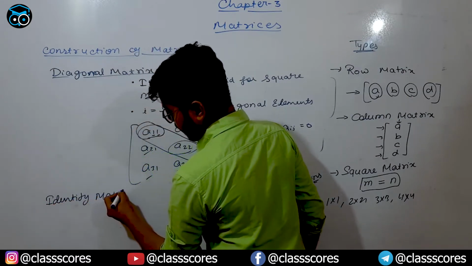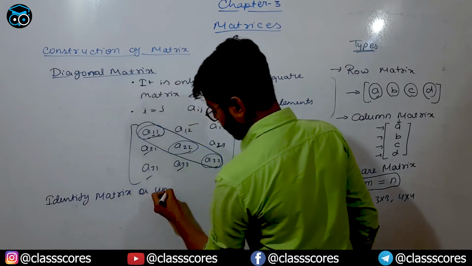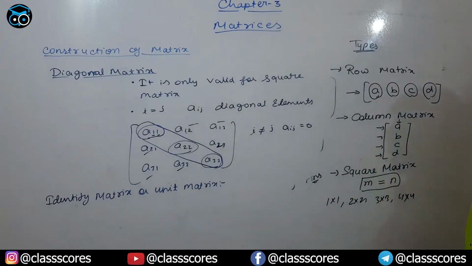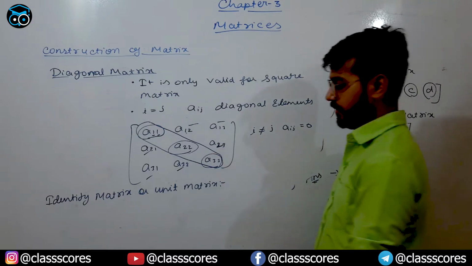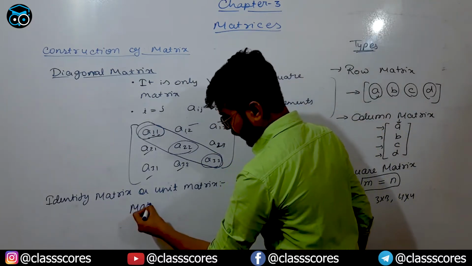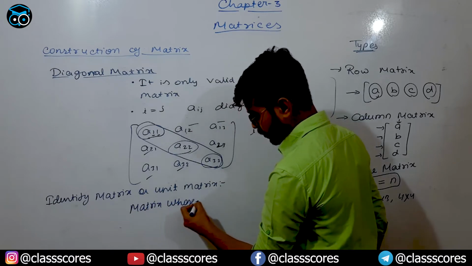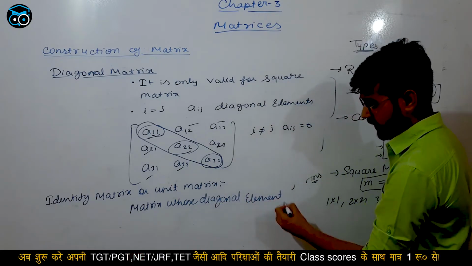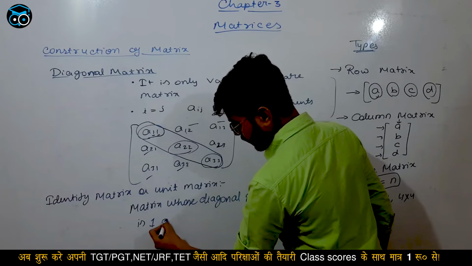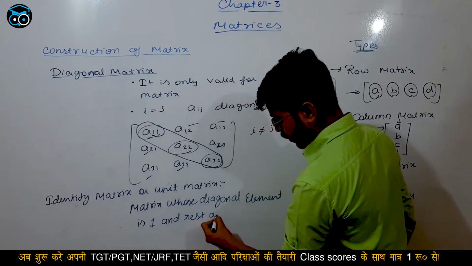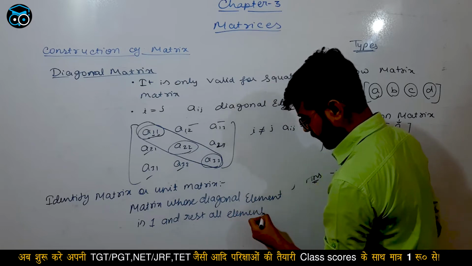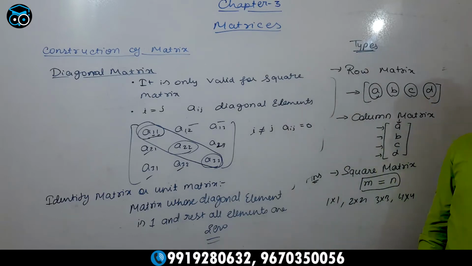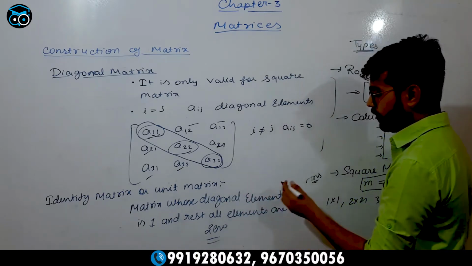And the next one is identity matrix, or we can say unit matrix. The matrix whose diagonal element is 1 and rest all elements are 0, those matrices are known as identity matrix.